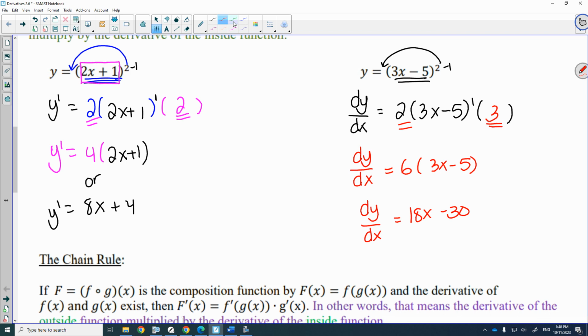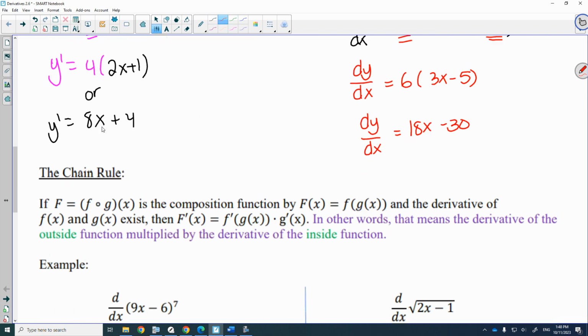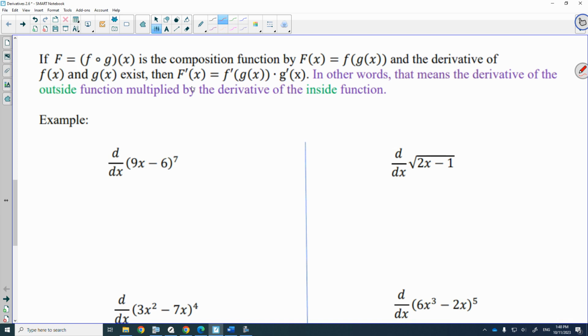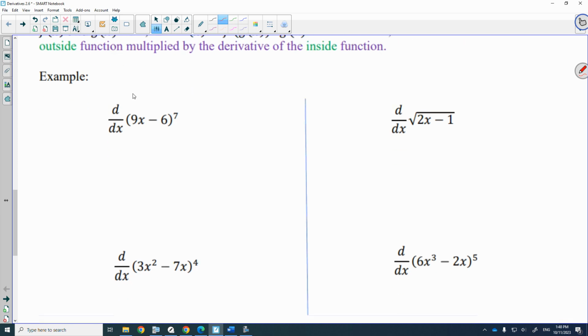Okay, so now let's do this chain rule with more complex functions. Remember, differentiate y with respect to x. So take the derivative of this. 7 comes in front. We're going to get 9x minus 6. Subtract 1 from the exponent, so it's going to be to the power of 6.